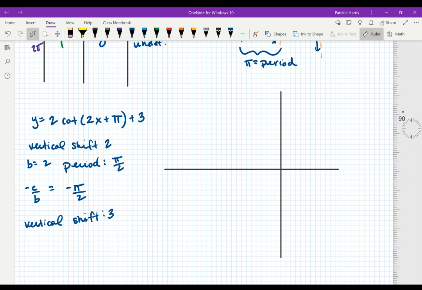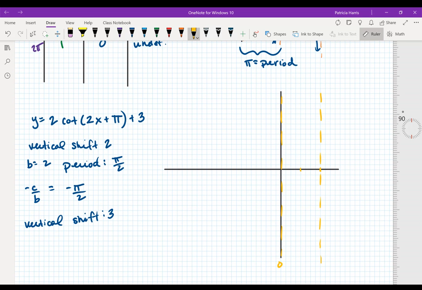Okay, so I know that the period is the distance between the asymptotes. I know that the asymptotes before any phase shifts occur at 0 and pi. So here are my original. Okay, those are my two asymptotes. Now the period is pi over 2.